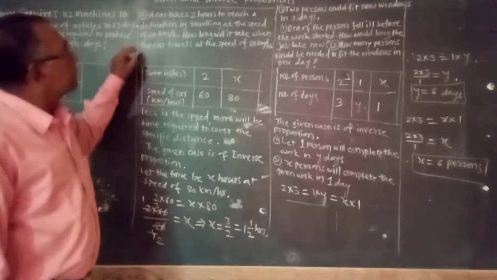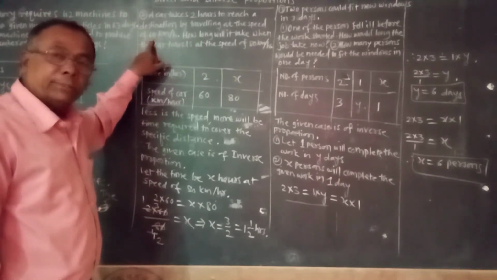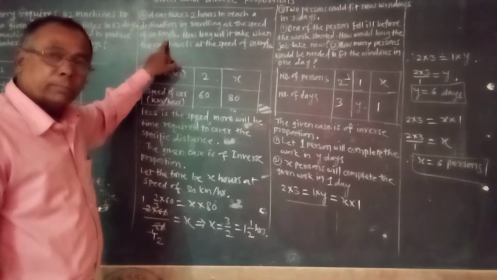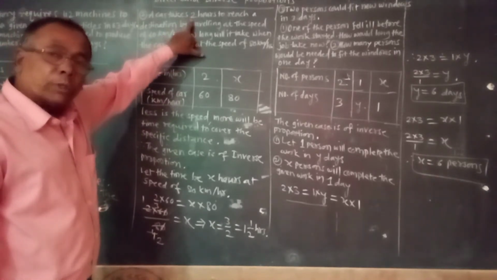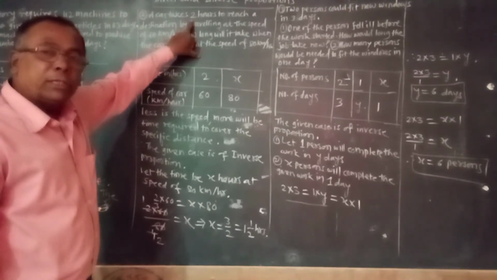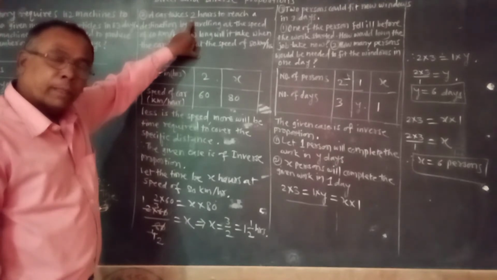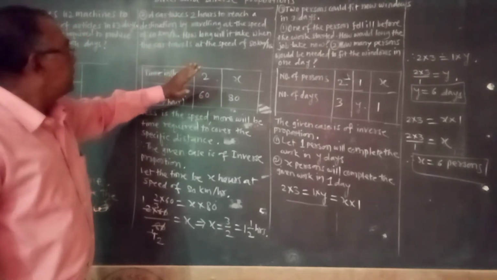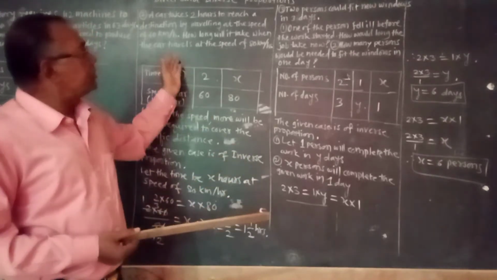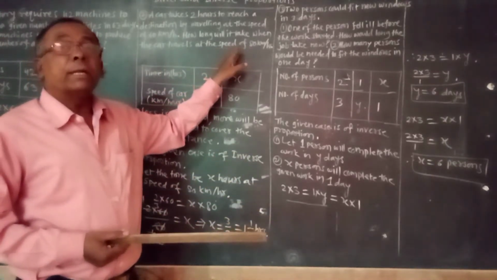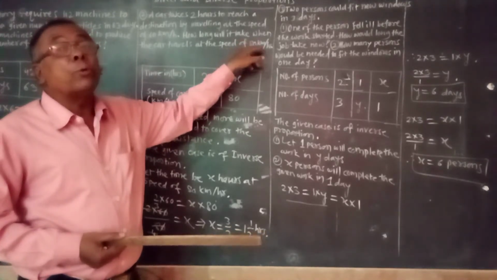Means if a car is traveling with the speed 60 kilometers per hour and it takes 2 hours to cover some given distance, and it is asked how much time it will require if the car is traveling with 80 kilometers per hour.